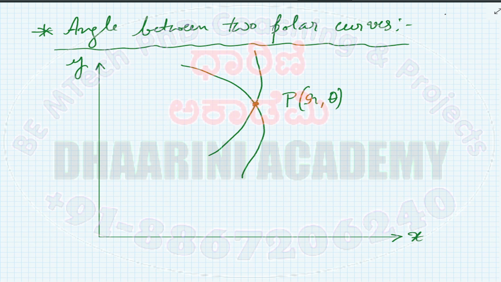So let me draw the first tangent. Let me use a different color for tangents. For one of the tangents, let's use a red color. So this is tangent number one.